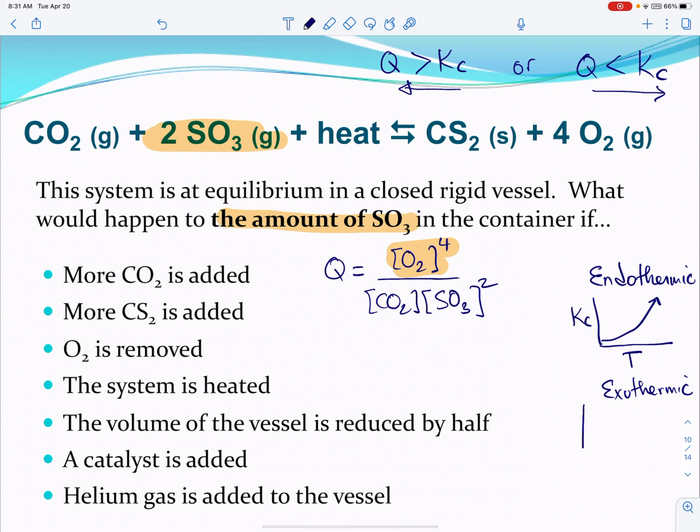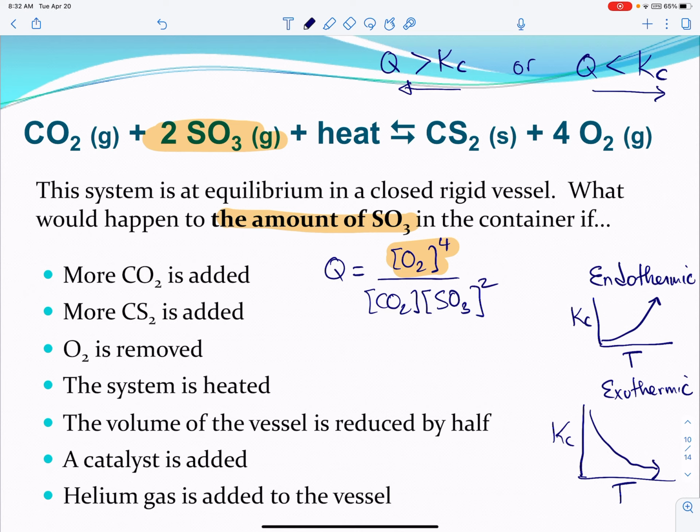If it were exothermic, then the relationship is the opposite. So now when you change the temperature, the graph will look like this, which means as you raise the temperature, Kc gets smaller. And as you lower the temperature, Kc gets bigger.